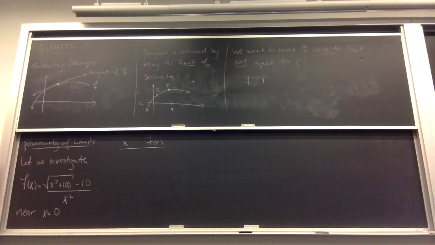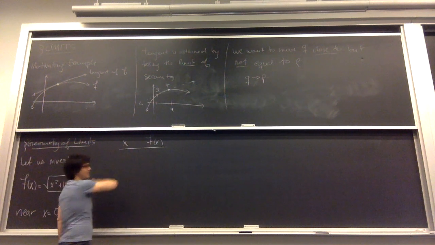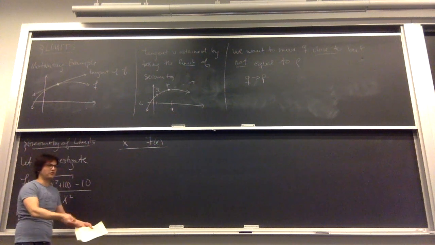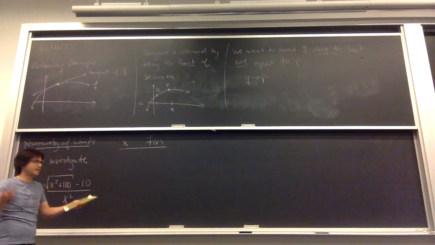Better than that, vertical asymptote. 0 is not in the domain of this function. There is no rule taking 0 to anything. That's illegal. So this function is just not defined at 0, but that doesn't exclude it from having behavior at 0, which we'll find out. So I want to investigate this function when x is near 0, but I can't put in 0. The function explodes. If you put it into your calculator, I think it would just burst into flames.